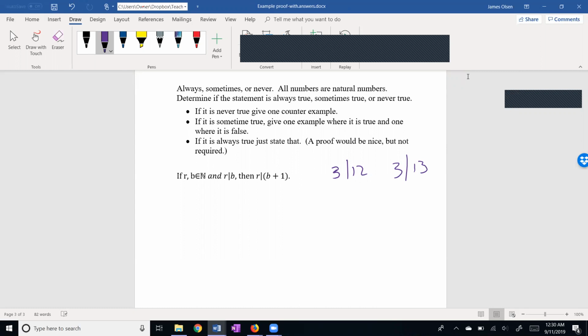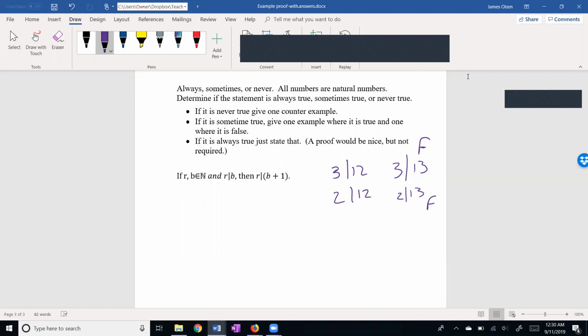Now we need to see if we can think of some numbers that make it true. So we might think of some simpler numbers, maybe like 2, for example. 2 divides 12. Does that imply that 2 divides 13? No, this is still false.